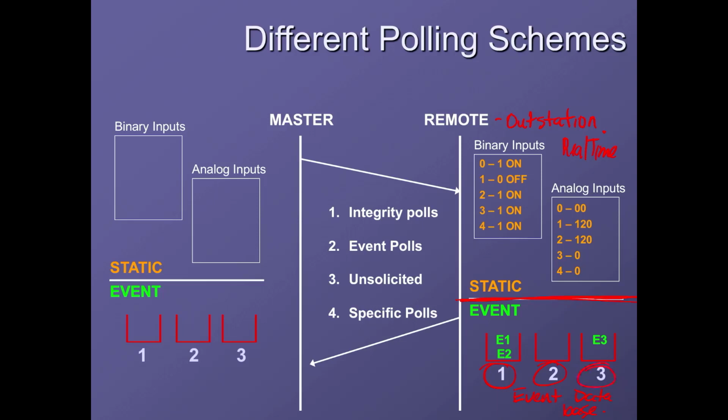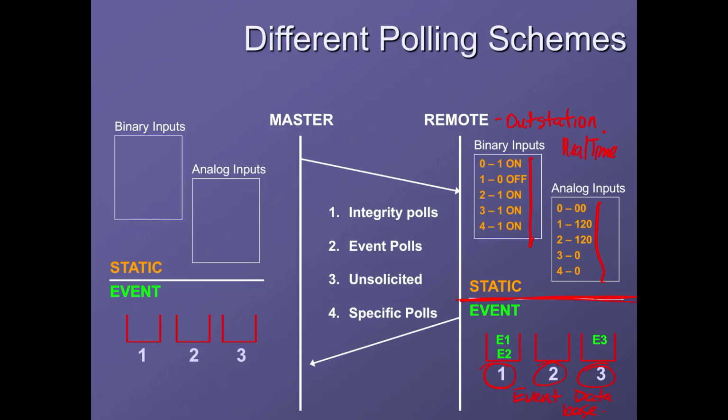When it comes to our real-time values, we have a whole list of binary inputs, all seen here in a binary input table, and our analog input values that are real-time values shown from 0 through 4 and 0 through 4 for our binary inputs.